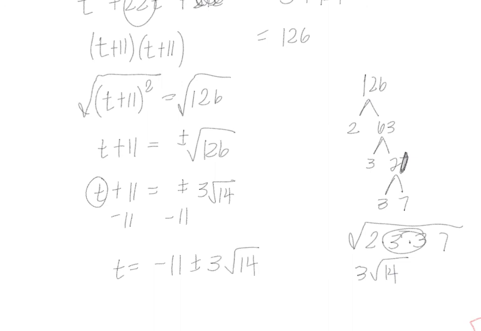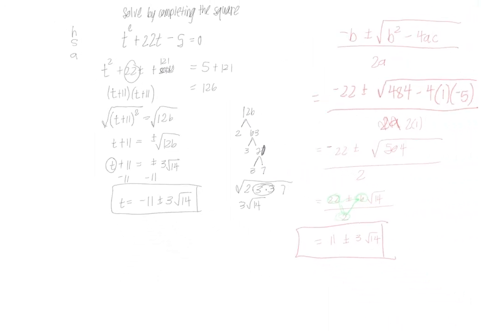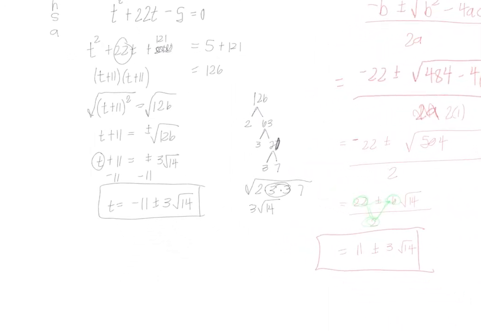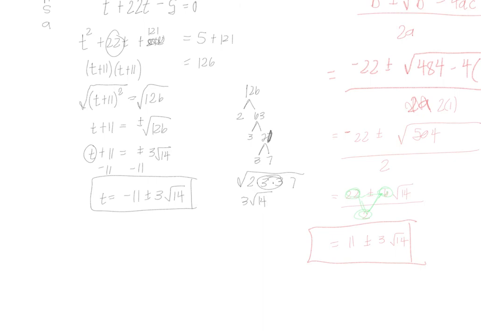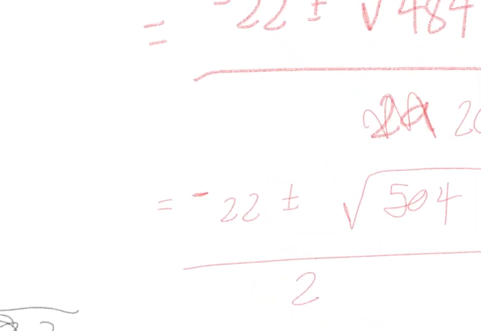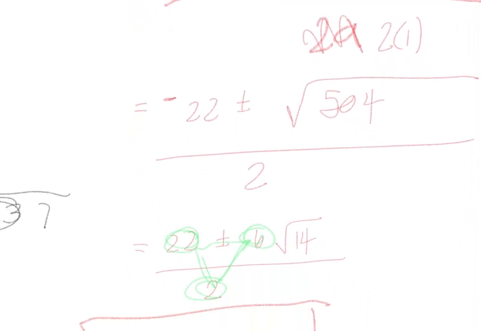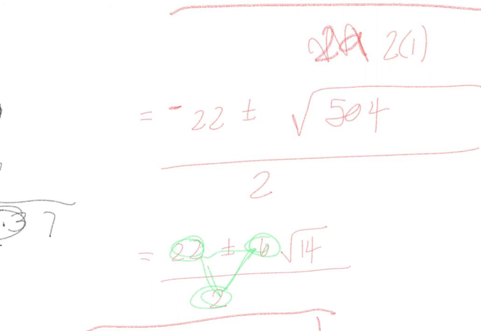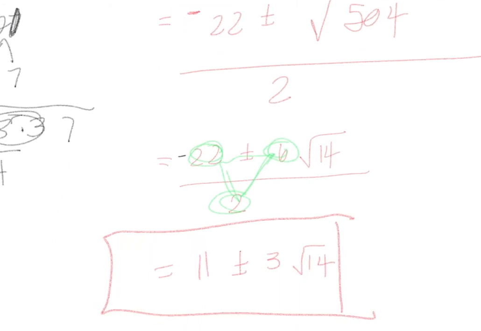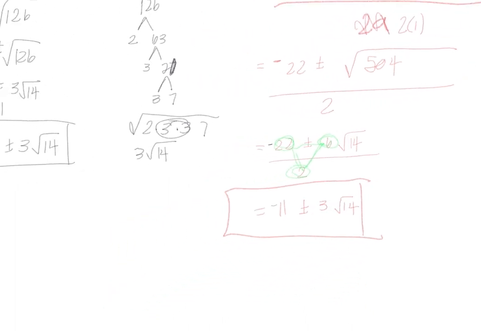And so now, if you will look, you should have the same answer for both, but it looks like we don't, and I see my problem with the quadratic formula. I forgot the negative with the 22, so, it can happen to anybody. Just don't let it happen to you. Now they're the same.